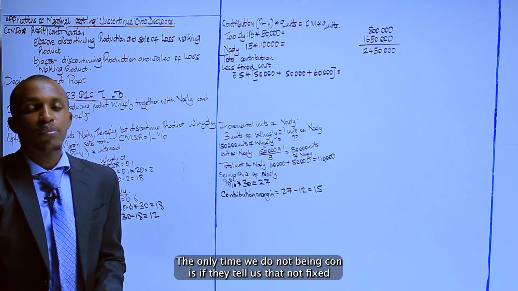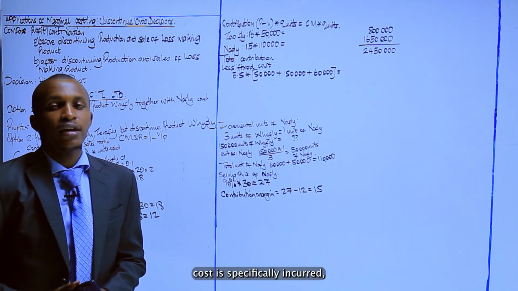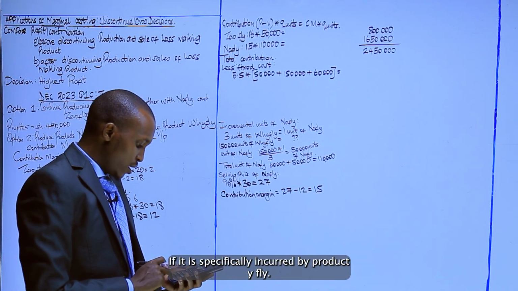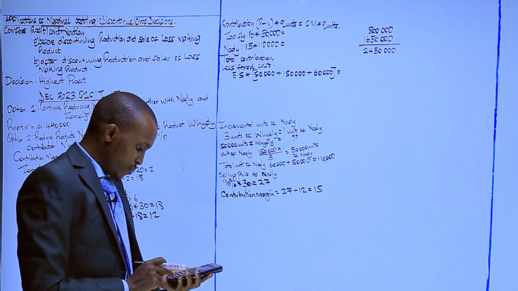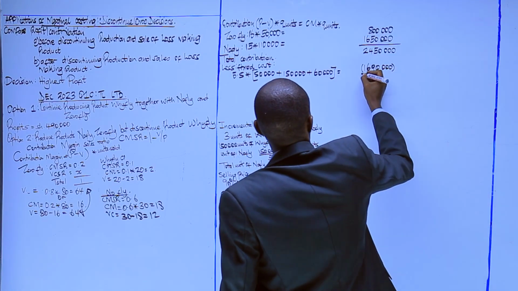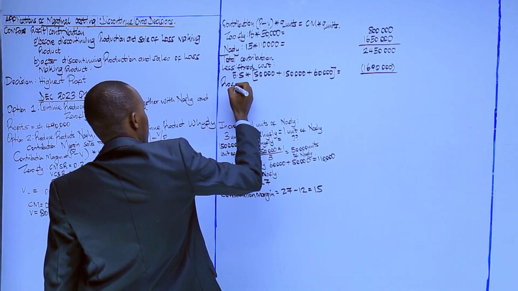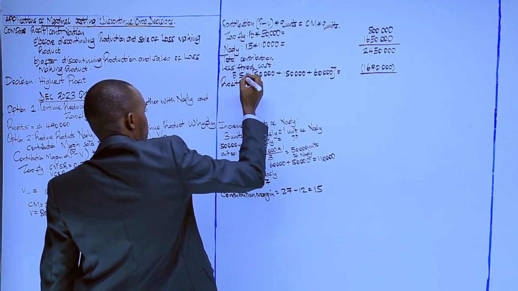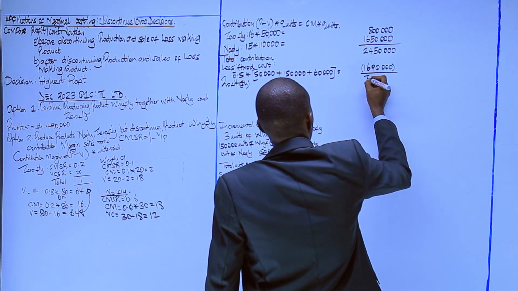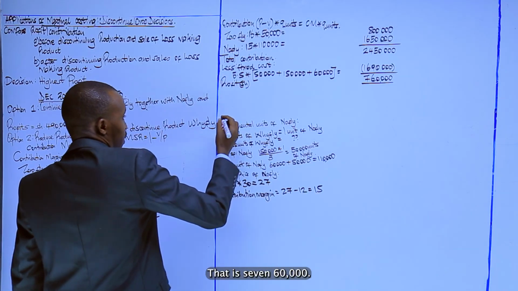The only time it will not be incurred is if they tell us that the fixed cost is specifically incurred by product Y Fly. This is 1,690. We then get our profits. That is 760,000.